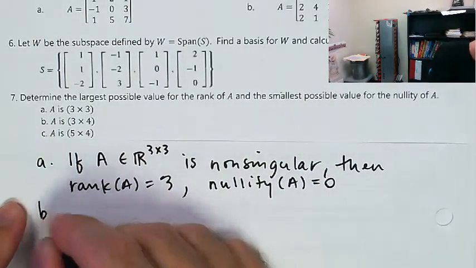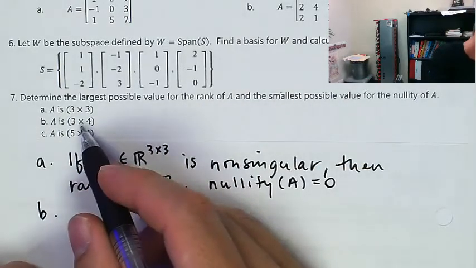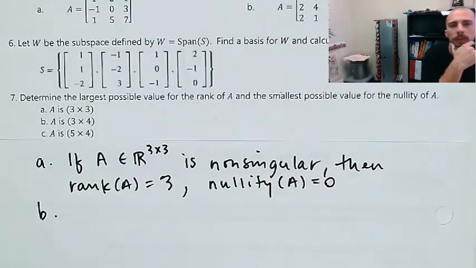All right. If A is 3 by 4, okay, the number of pivots has an upper bound of the minimum of the number of rows and columns of a matrix, and I think that's something we've noticed in this class so far. So in a 3 by 4 case, I can have no more than 3 pivots, meaning the rank is going to be capped at 3.